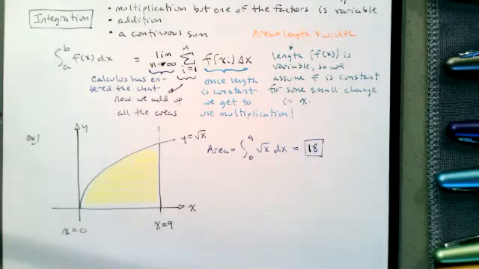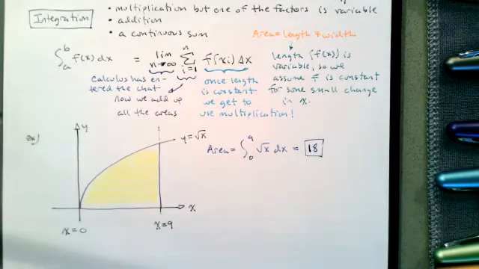We're not surprised that we got an integer because the integral is going to be an x to the 3/2, which is really just a square root, and we're doing the square root of 9 and the square root of 0, so it's okay that it comes out to a nice rational number.